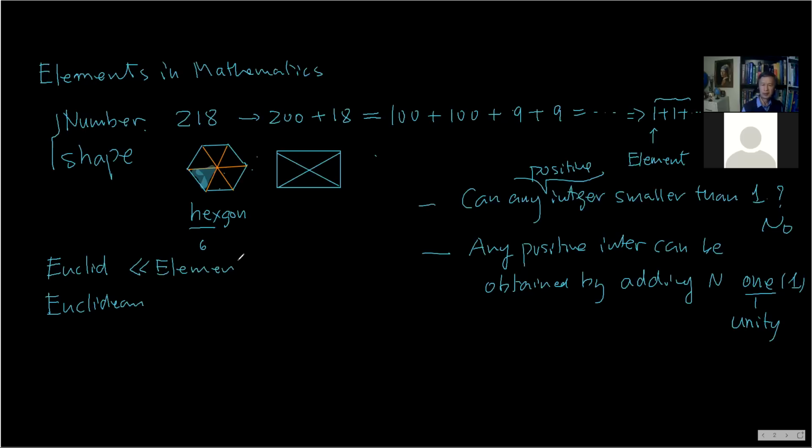But the elements there are mathematical elements, not physical. So he's a mathematician. Geometry, when you start with shapes, in math that branch is called geometry, right? And geometry started from Euclid, and his book is called Elements.